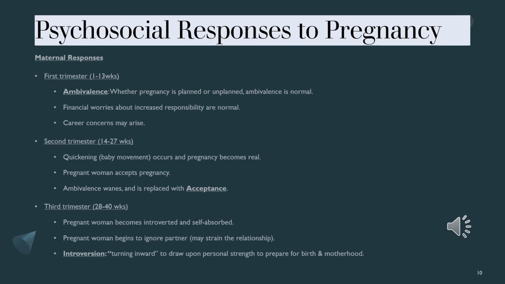I've wanted this pregnancy, we've done all kinds of things to become pregnant, but now that I am, oh my goodness, I'm going to have a kid in 10 months, and what am I doing, okay? And that's sometimes just a planned pregnancy, right? With an unplanned pregnancy, mom may have a lot of ambivalence, right? I wasn't planning on being pregnant at all. This is not what I wanted. So those feelings are normal.